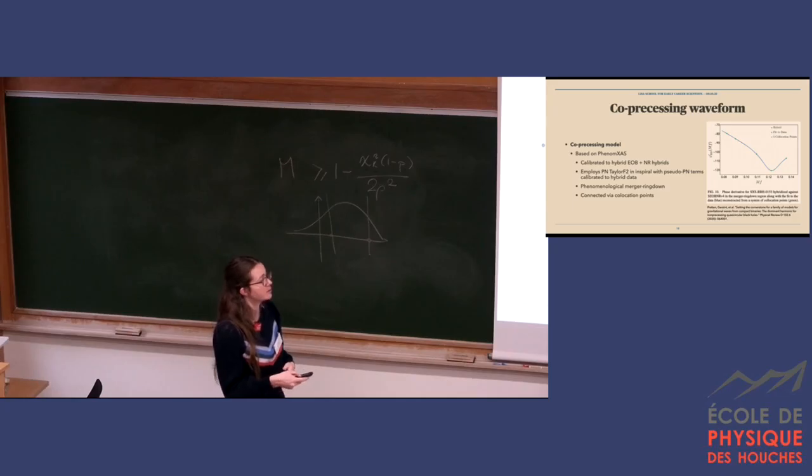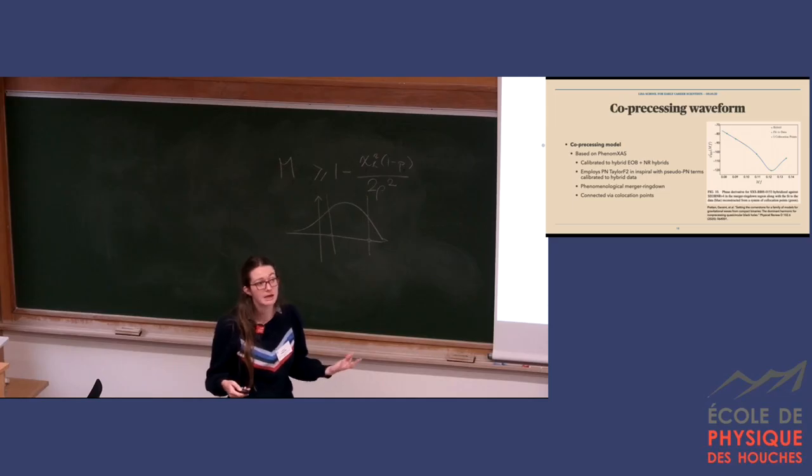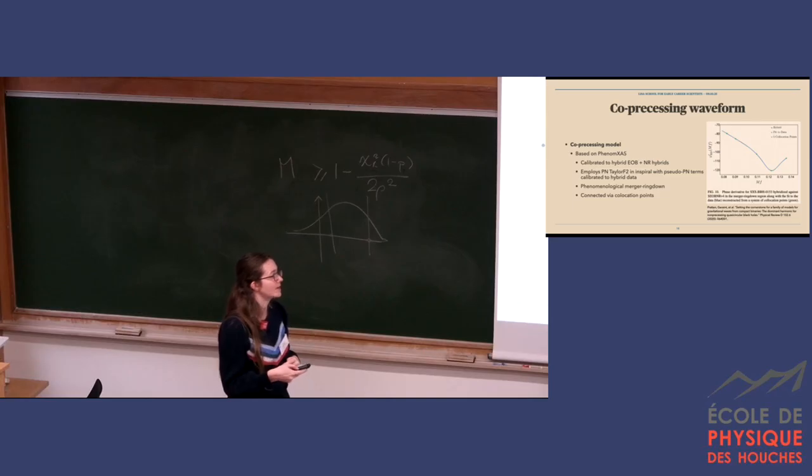this is the phase derivative of an aligned spin binary waveform, and we have this nice upside down Lorentzian in the merger ring-down. Over here we would have our post-Newtonian expression, and now we have to come up with an ansatz that describes this.